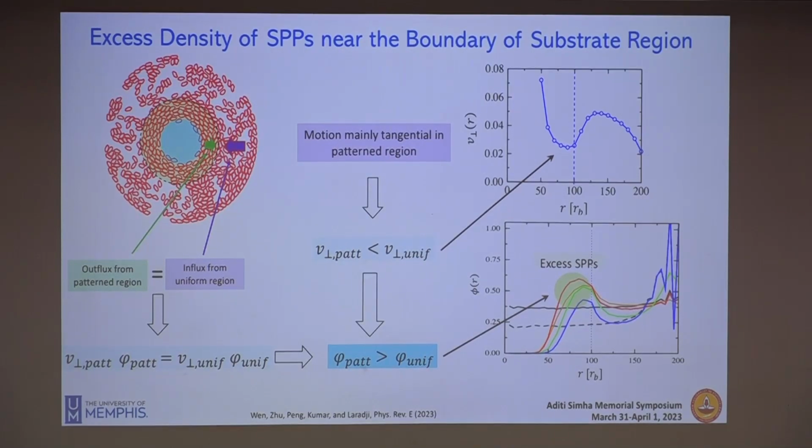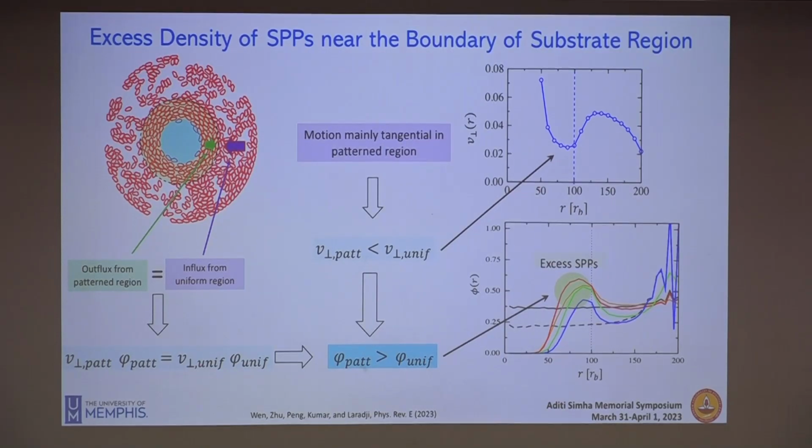And at steady state, the outflux of particles from the patterned region should equal the influx of particles to the patterned region, because the system is at steady state. And so these fluxes are just proportional to the normal velocity of the particles and the local density of the particles in the patterned region and in the uniform region.